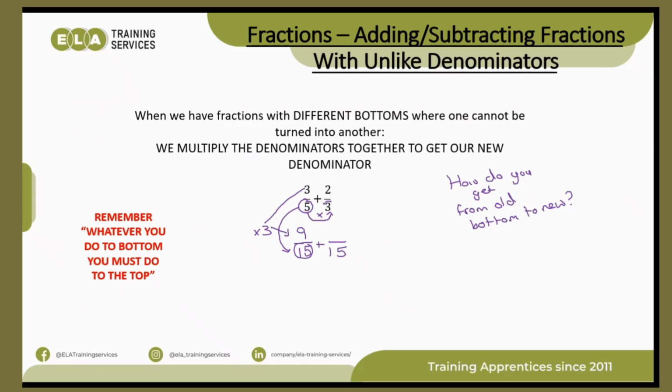And how do we get from 3 to 15? We times by 5. So we do the same to 2. And that becomes 10. And we are left with what is called an improper fraction. So we have 19 over 15, what's called an improper fraction, and we're going to come on to these very, very shortly.